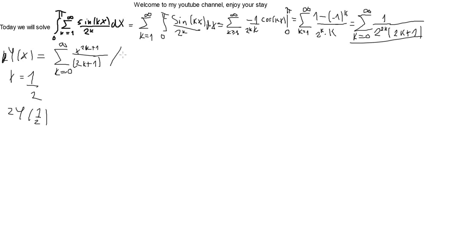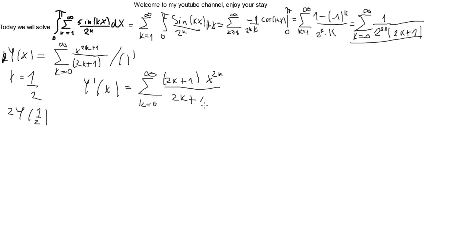Let's differentiate both sides with respect to x. We will have phi prime of x equals a sum going from k equals 0 to infinity of 2k plus 1 times x to the 2k divided by 2k plus 1.